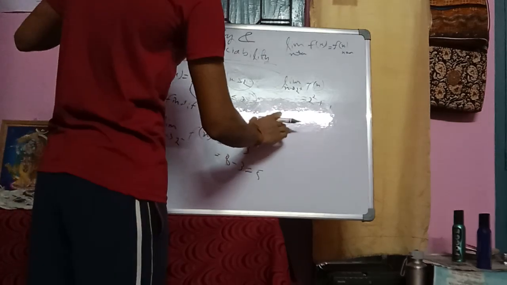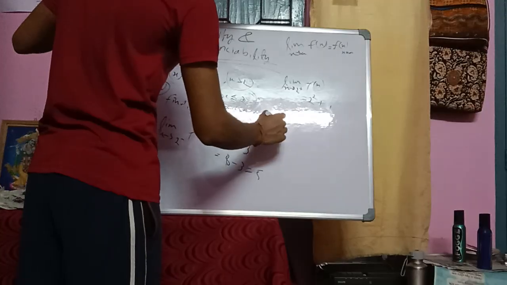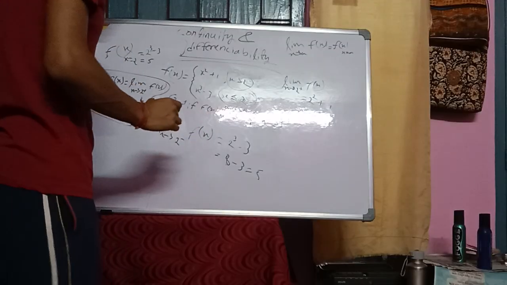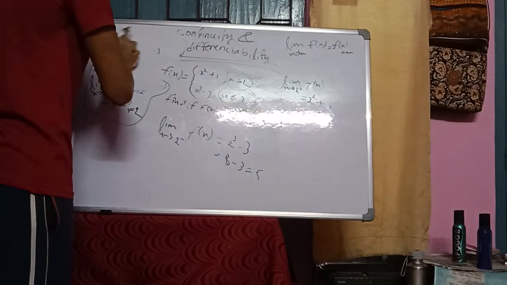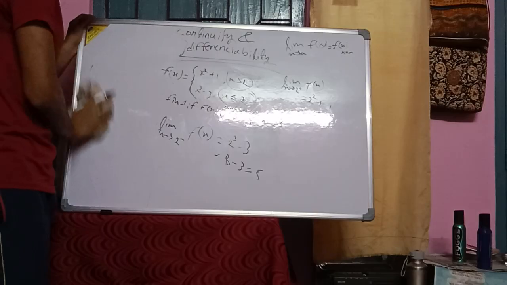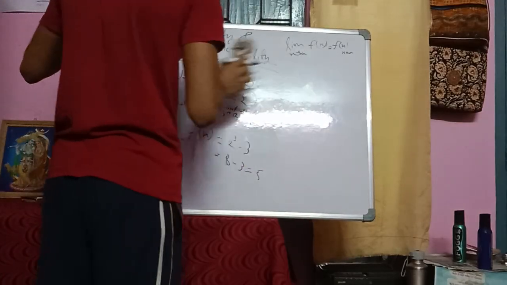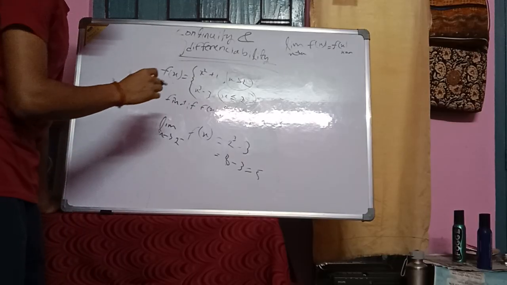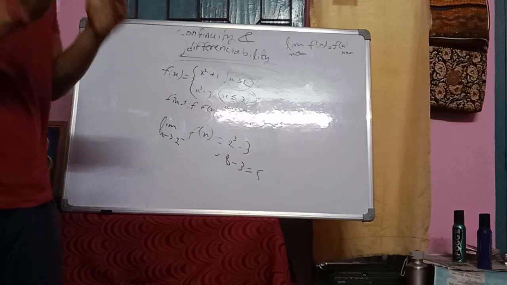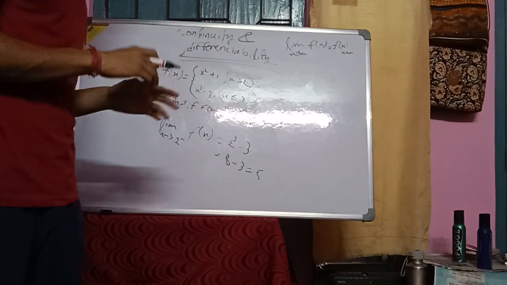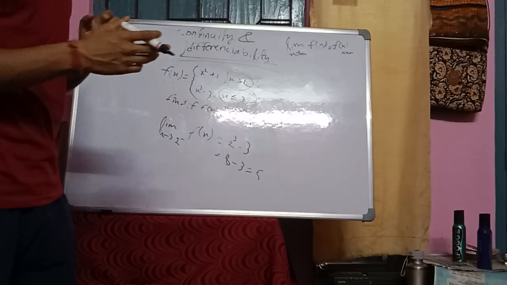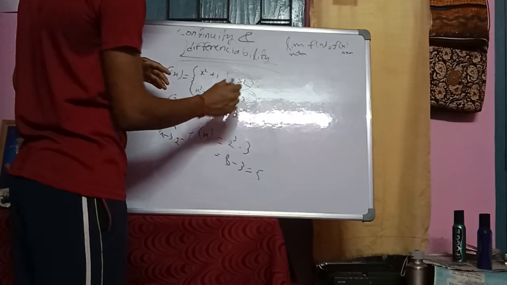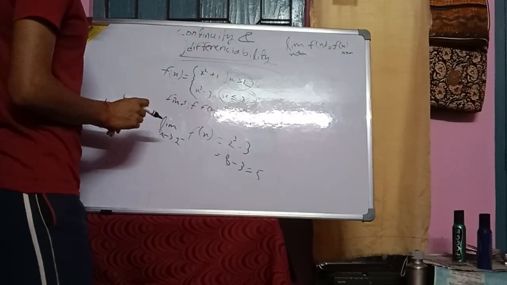Now let's see if it's continuous at point 3. Now this is going to be interesting. Regardless of whether you take the right hand limit, the left hand limiting value, or the functional value, all of the situations are going to satisfy this condition where x is greater than 2.